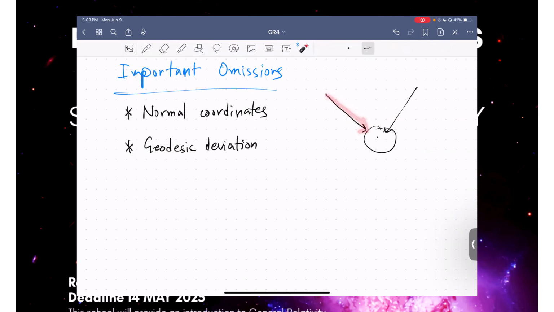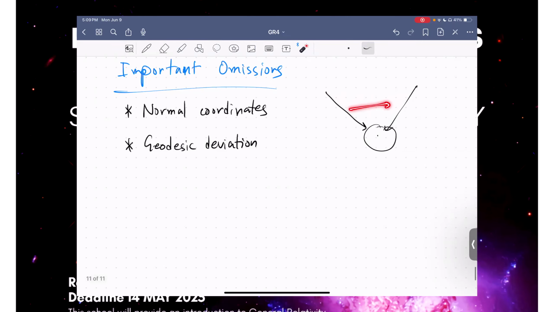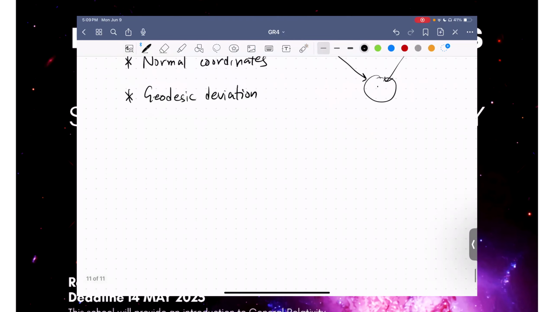They may not immediately notice any effect of gravity, but they will eventually observe that the distance between them is shrinking. So at some point, they will figure out that something is going on. They're not really staying parallel. And this will seem to them like a force that they are being attracted to each other. This is called the tidal force, and that has to do with the fact that these geodesics are not parallel. So this is called geodesic deviation or tidal force.